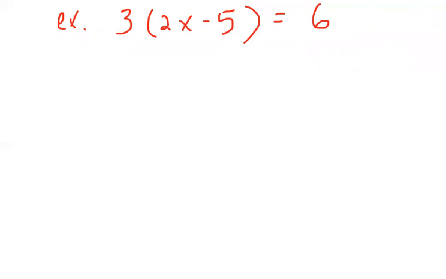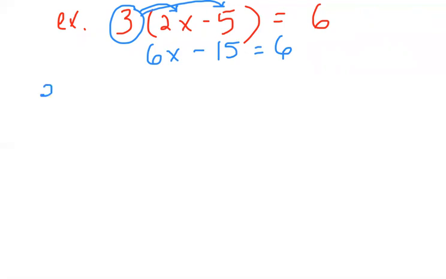To do so, you would take the 3 in front of the parentheses and distribute it, multiply it by every term inside the parentheses. By doing this, you end up with 6x minus 15 is equal to 6. All right? So that's the distributive property.